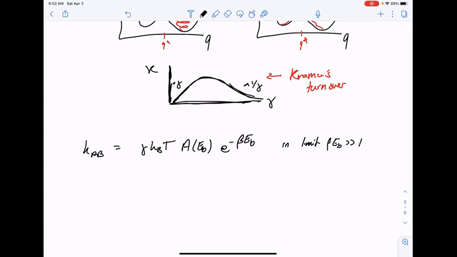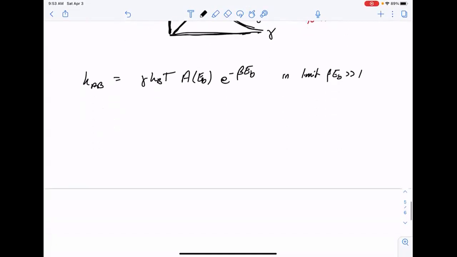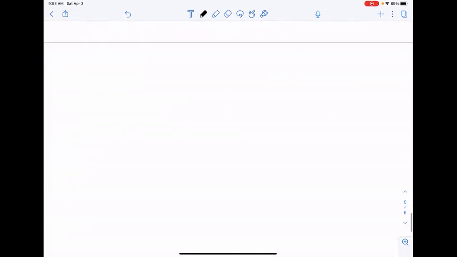The theory that moves beyond that approximation, so includes non-Markovian effects in the estimate of the transmission coefficient, is known as Grote-Hynes theory.